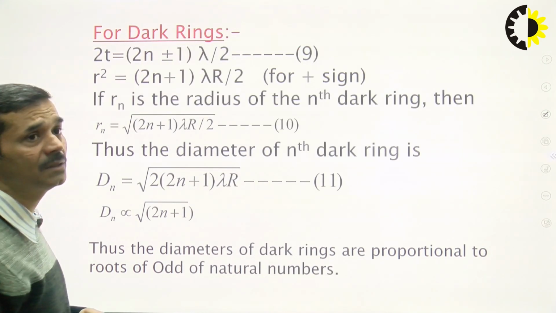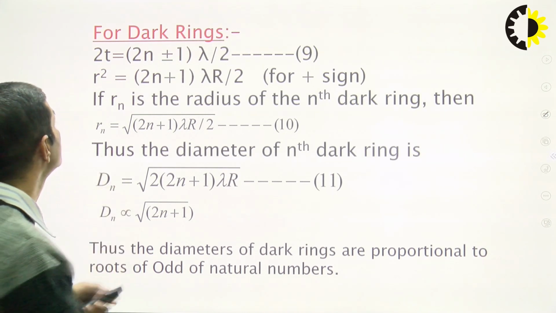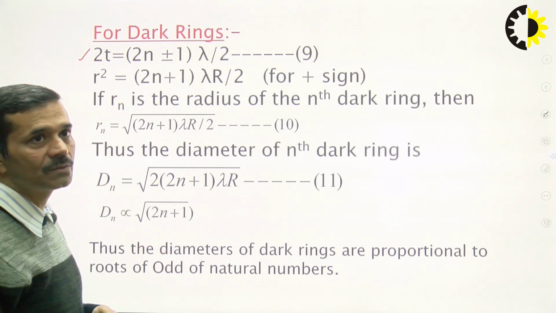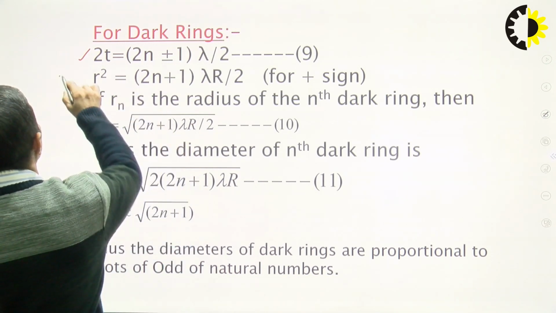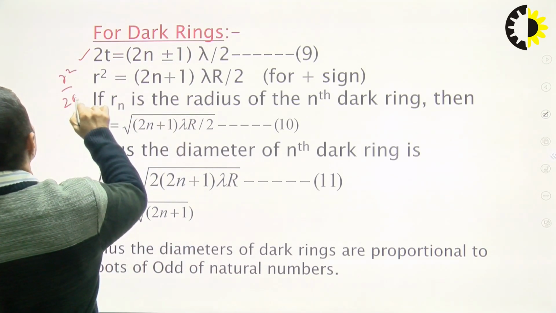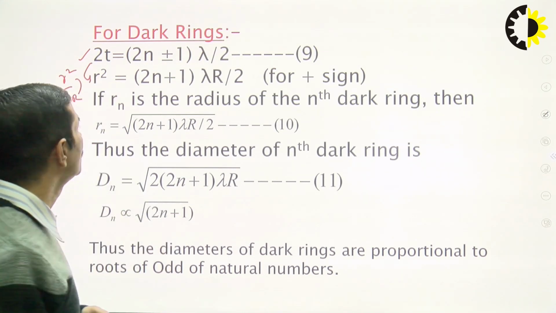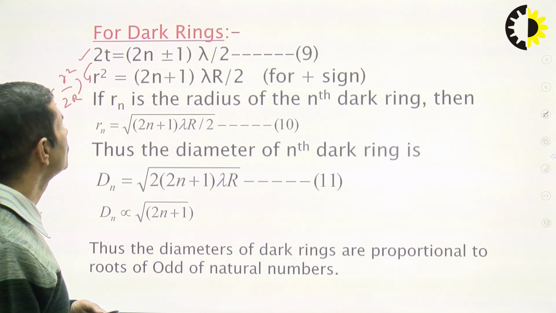Similarly, we can find out the diameters of dark rings. For the dark rings, the condition is 2t equal to (2n plus minus 1) into lambda by 2. Here again we replace t with r square upon twice R. If we replace this, then we will have r square equal to (2n plus 1) lambda R by 2, if we take the plus sign.